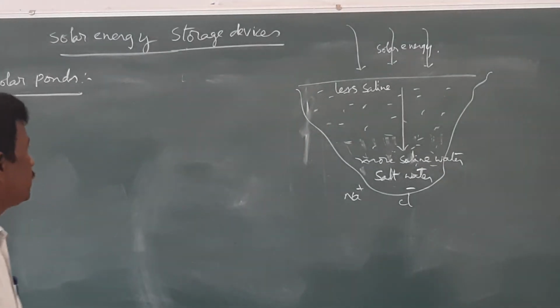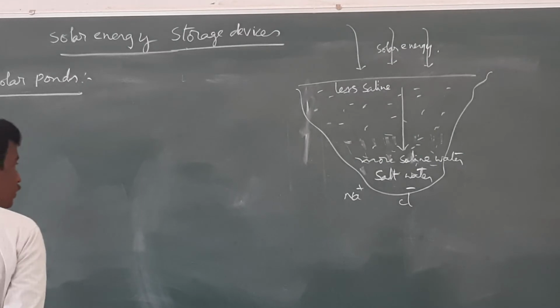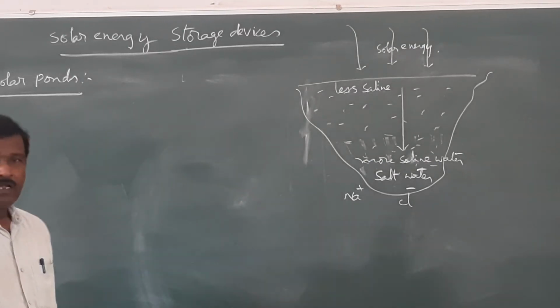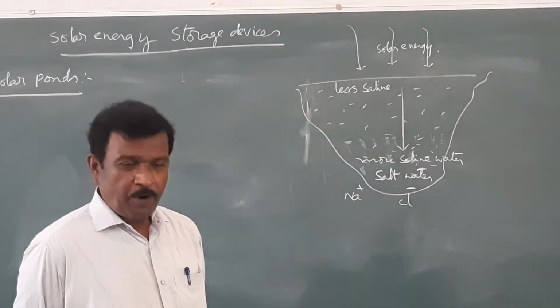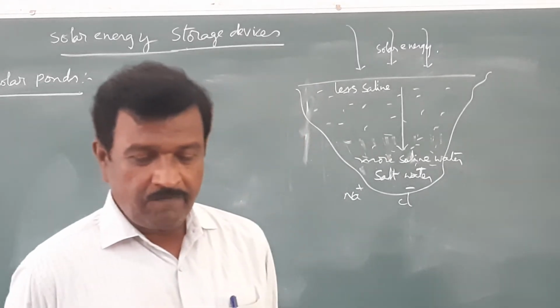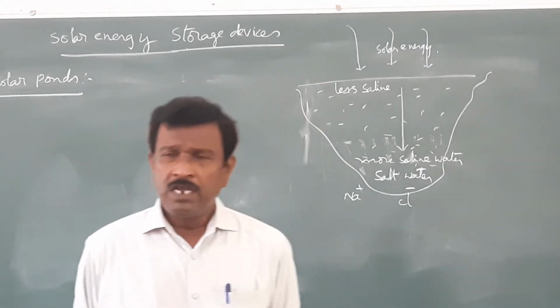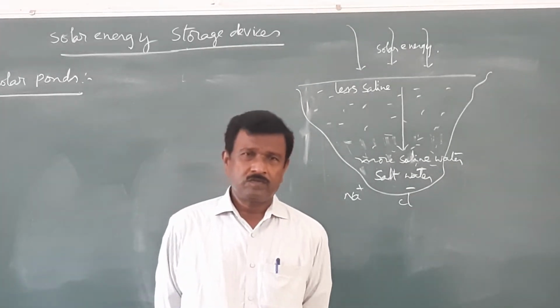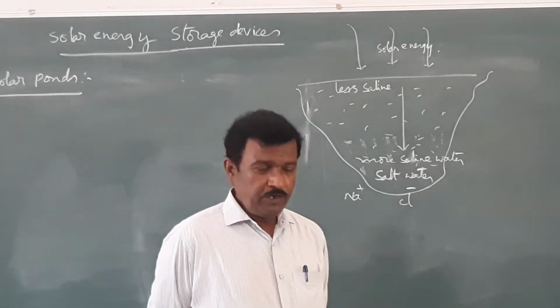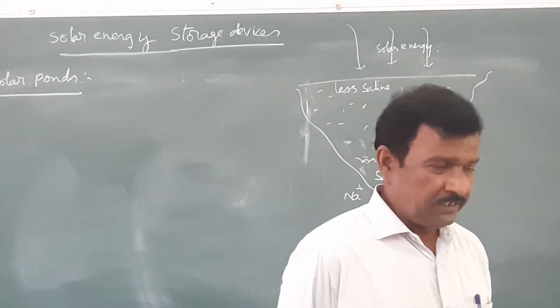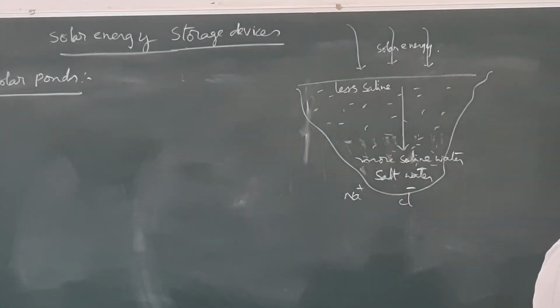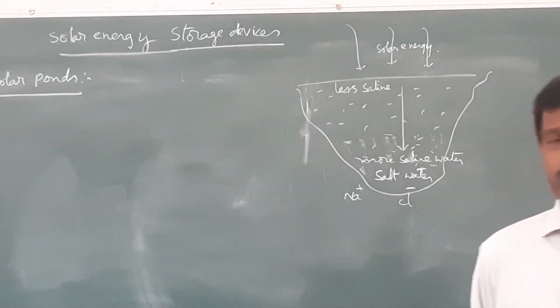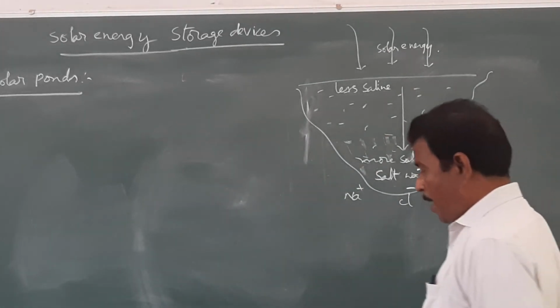Now, what is the use of this solar energy? The solar energy will provide wide utilization of energy. It can be utilized whenever we need. We can reduce voltage fluctuations, we can reduce the power bills.